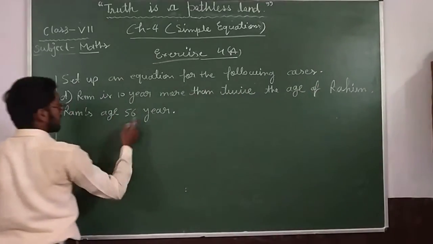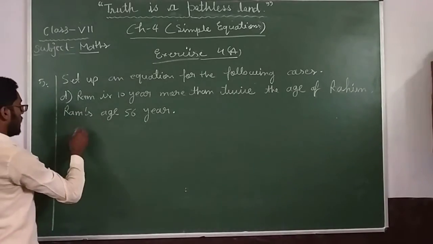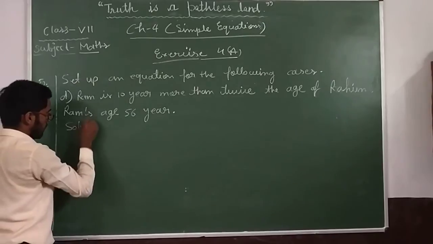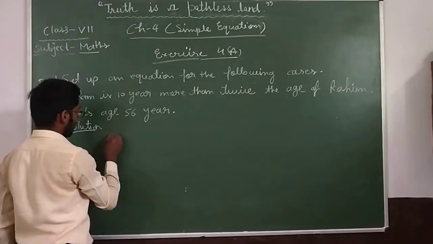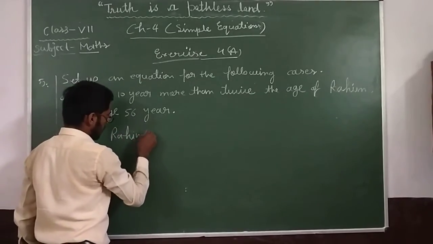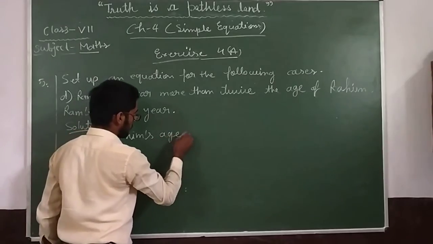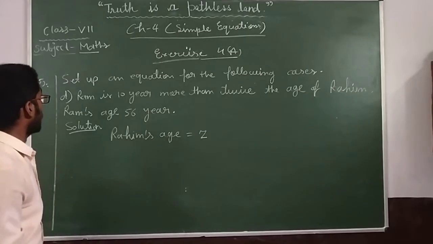So Ram's age is 56 years, and Ram's age is also given here. So let Rahim's age be Z. Rahim's age is Z. Okay.